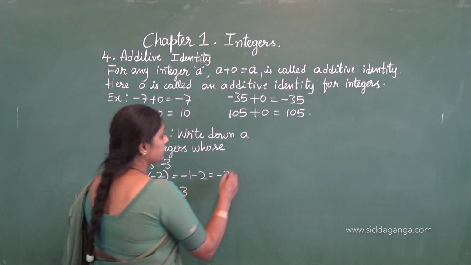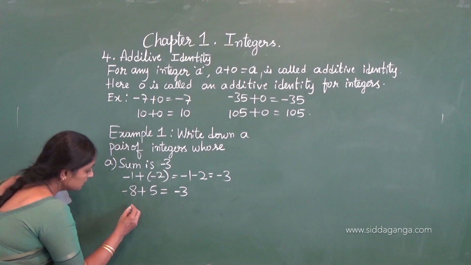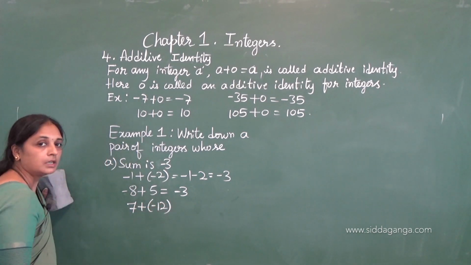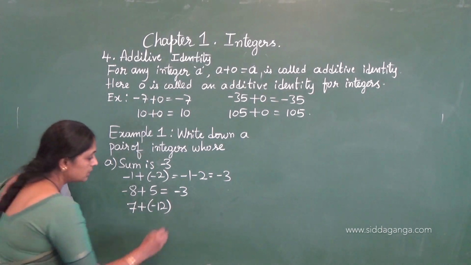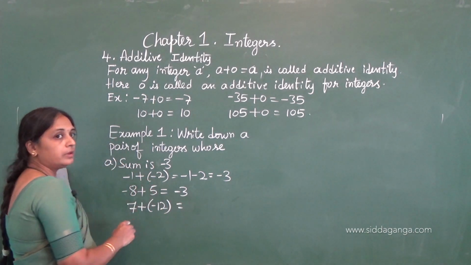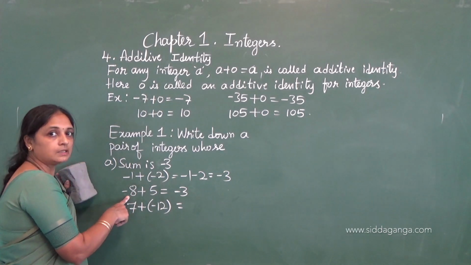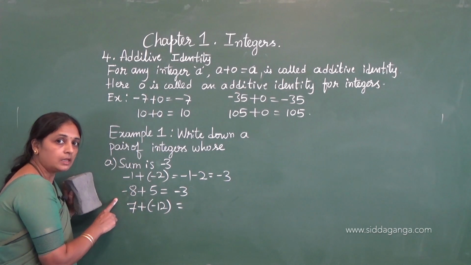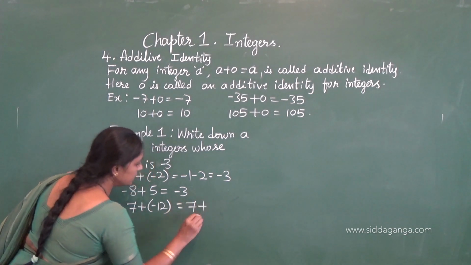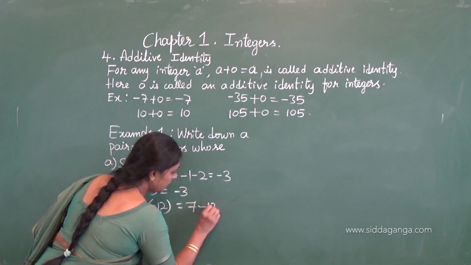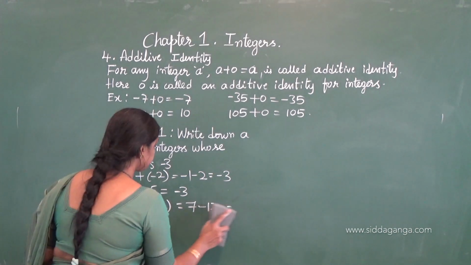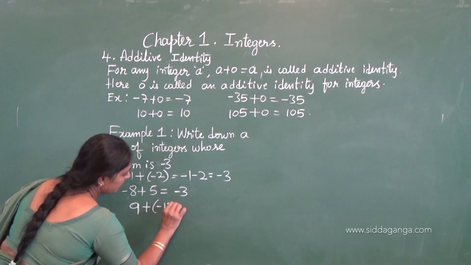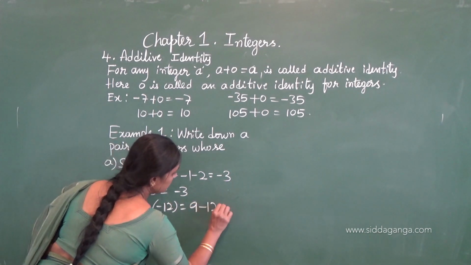And how can we do it otherwise? If I take 7 plus minus 12, these are the three ways: adding negative integers, and taking the bigger integer by neglecting the sign. 7 plus minus 12 is minus 5, sorry, here I can take 9 plus minus 12, that is equal to minus 3.